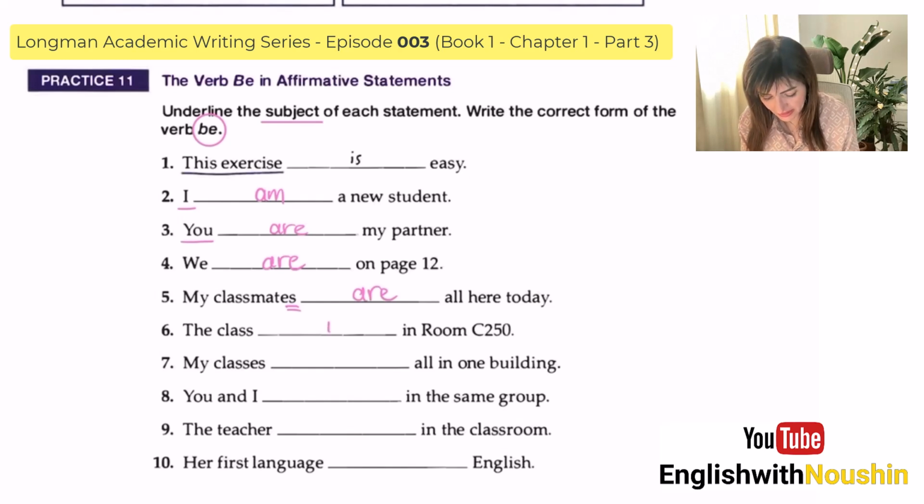The class is, it's like it, in room C250. My classes are in one building. You and I are in the same group. The teacher is in the classroom and her first language is English.